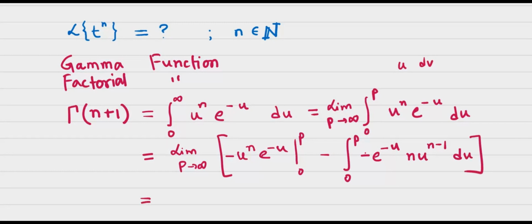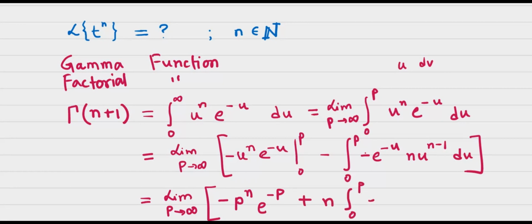So the next line would include limit p tends to infinity, and then if we plug in 0, we simply get 0 here. So we should have minus p to the power n times e to the power minus p, plus n integrated from 0 to p of e to the power minus u times u to the power n minus 1 du.